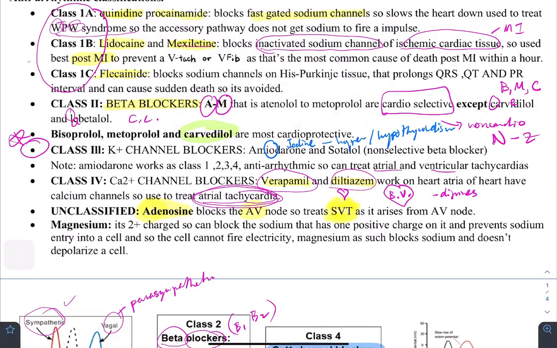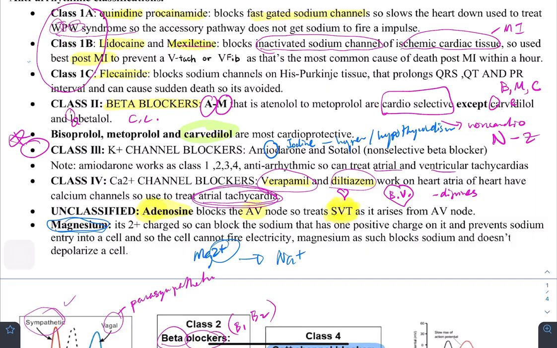And magnesium is another one found in supplements or drugs. Magnesium actually is written as Mg2+, and this 2+ is important. That's how it can block sodium, which is Na+, by displacing sodium.